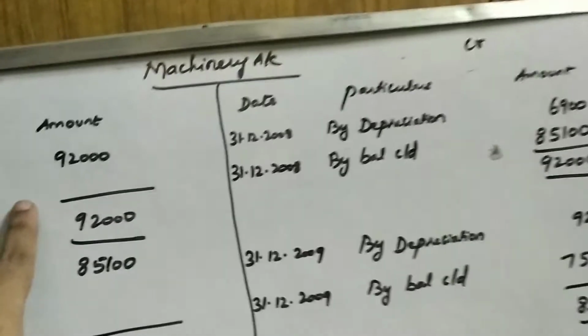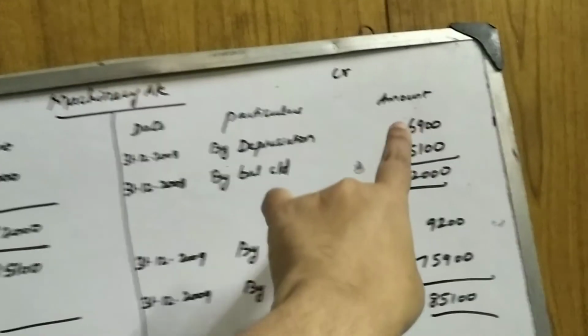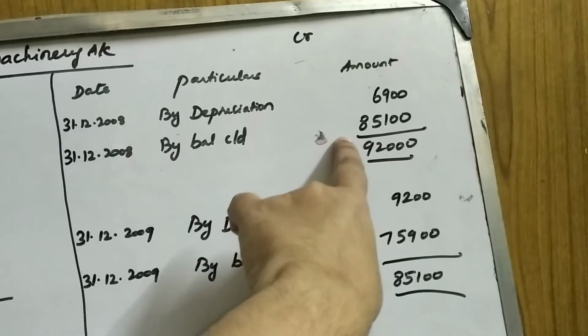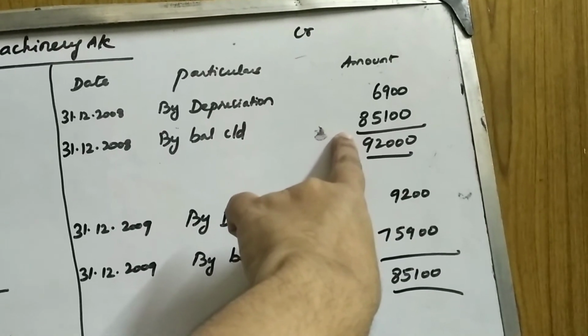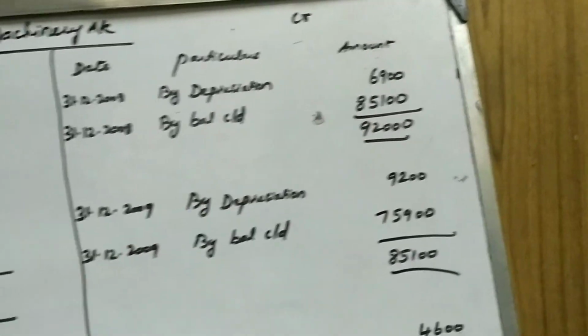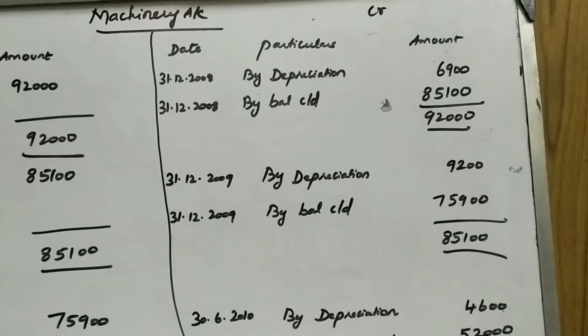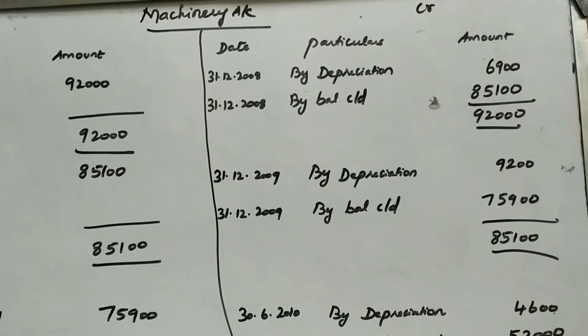This side we are having 92,000. This side we are having only 6,900. 85,100 is the balancing figure. So we'll be getting 92,000 on both the sides.